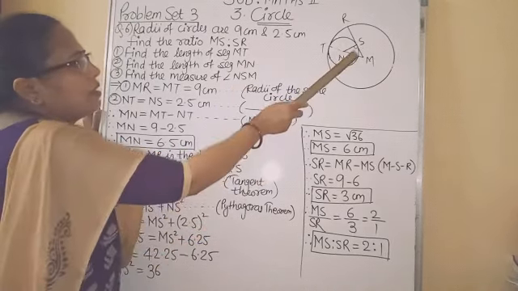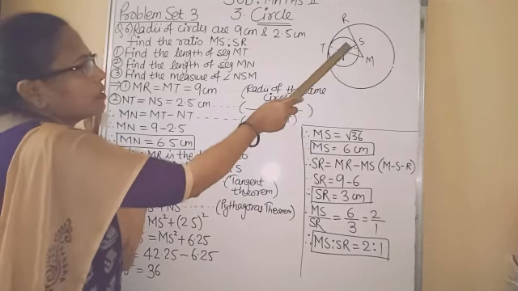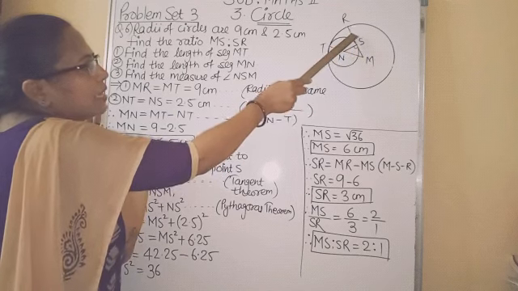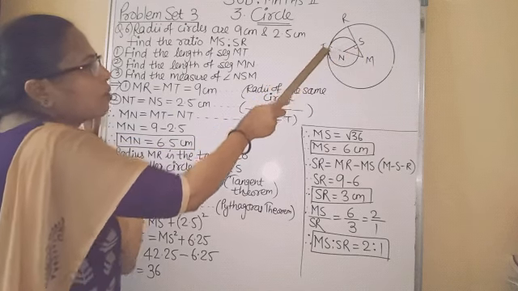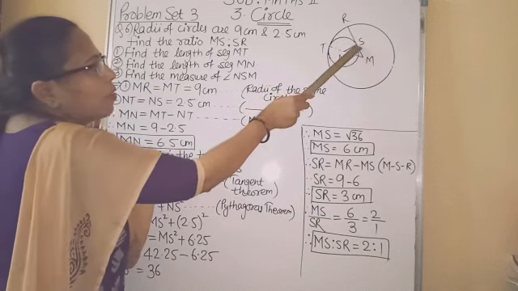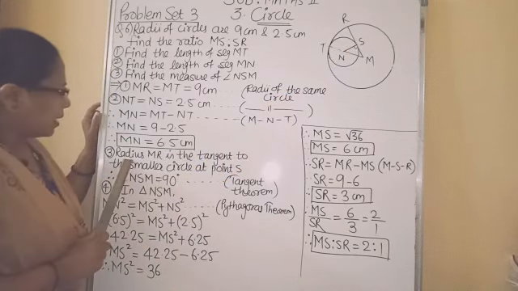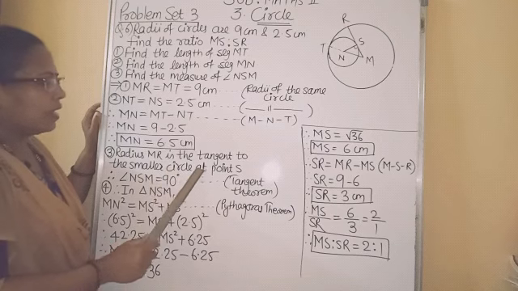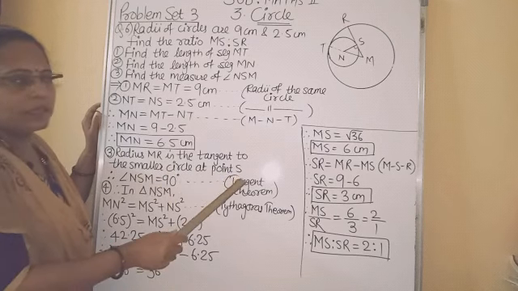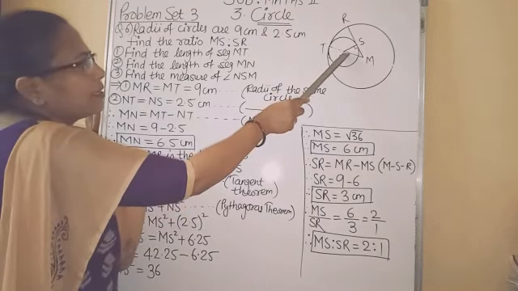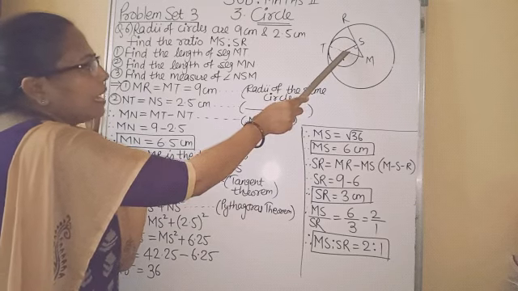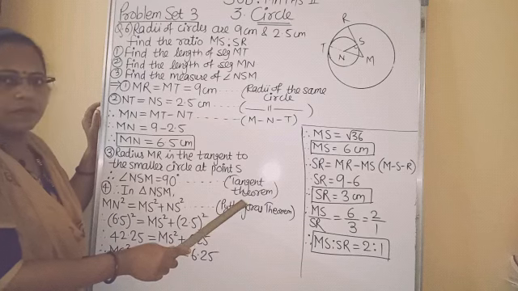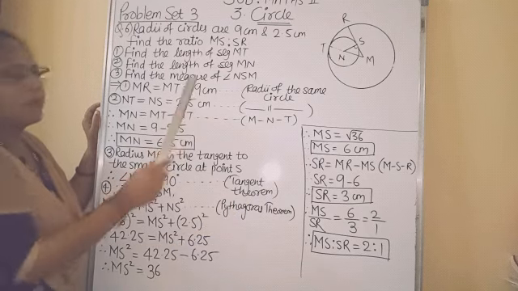Now here students, if you observe the figure, you will come to know that this radius MR is tangent to this smaller circle at point S. Radius MR is the tangent to the smaller circle at point S. So by tangent theorem, angle NSM is equal to 90 degrees. Tangent theorem. So third step we got.